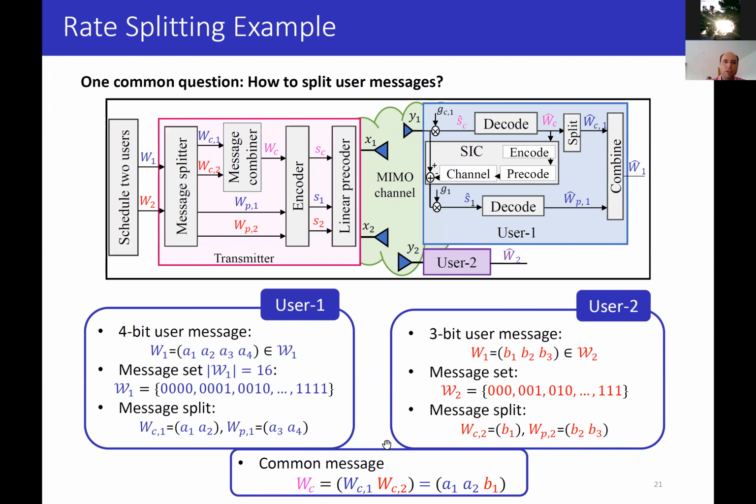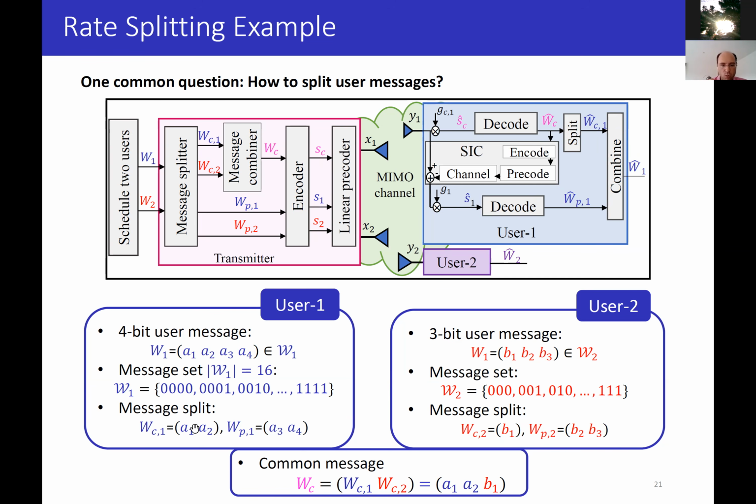So what does it mean to split the messages? Well, at the bit level, it simply means that, for instance, if I have 4 bits for user 1 and 3 bits for user 2, I can take the first 2 bits to go into the common part, the last 2 bits would go into the private part. Then for user 2, for instance, the first bit would go into the common part, the last 2 bits go into the private part.